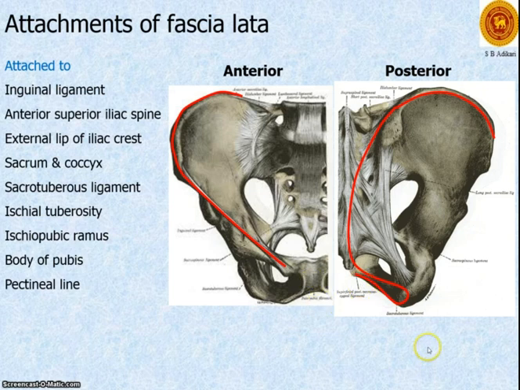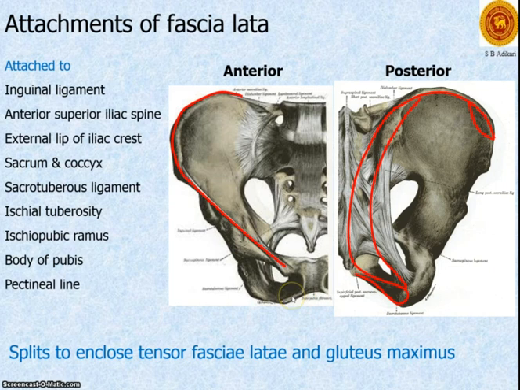Then on the anterior side, before that actually it splits to enclose 2 muscles, tensor fasciae latae in front and gluteus maximus behind.